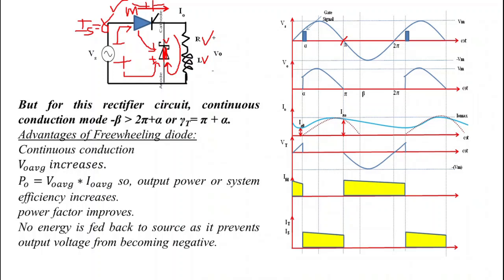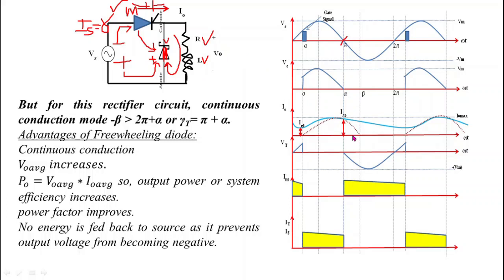Now we will conclude some important points from this. First, when the polarity of the sinusoidal voltage waveform reverses, we get output voltage V0 equal to 0, because the output voltage V0 is equal to the drop across the freewheeling diode, and that drop is equal to 0.